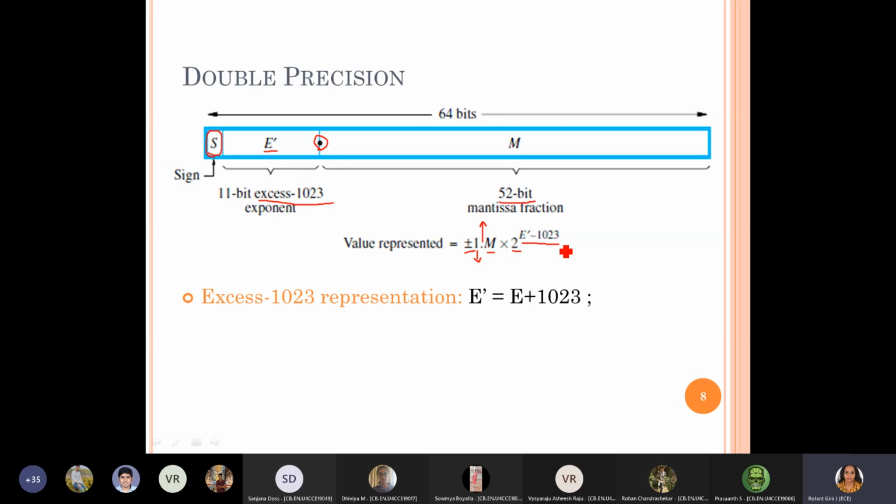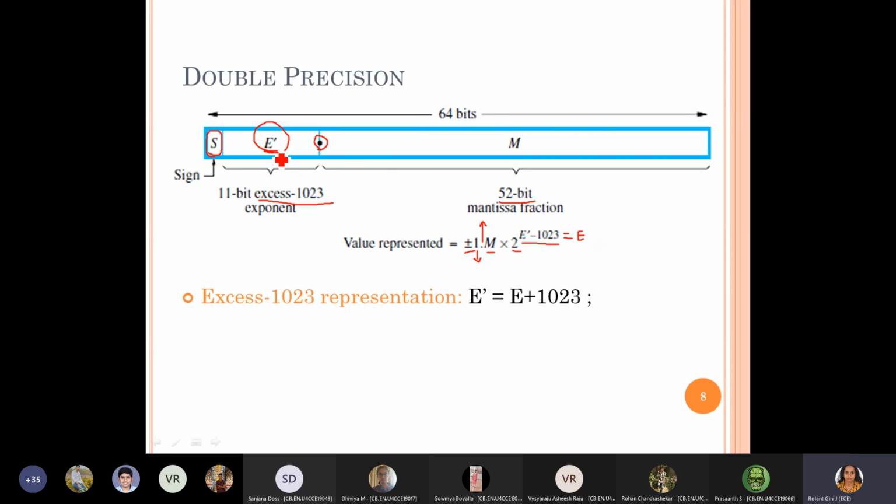So when you write back from the value to the 64-bit representation, you should remember that whatever you have here is E. So when you represent it there, it's supposed to be E dash. So you have to add 1023 to it, and that value only should come here in the 64-bit representation.